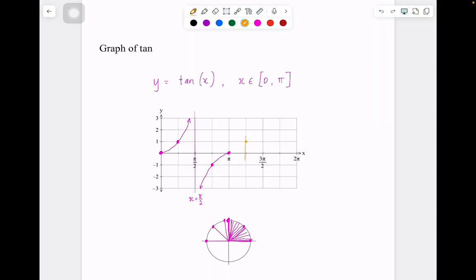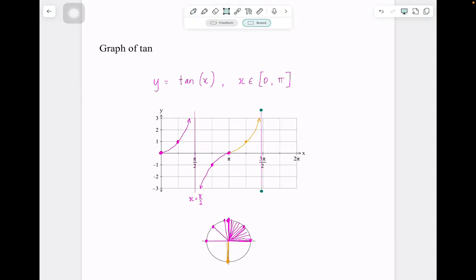So at this particular point here, our gradient will be 1, which reflects the same kind of behavior over at the beginning, like so. At an angle of 3 pi on 2, we can see that we have an undefined line again, which presents itself as an asymptote.